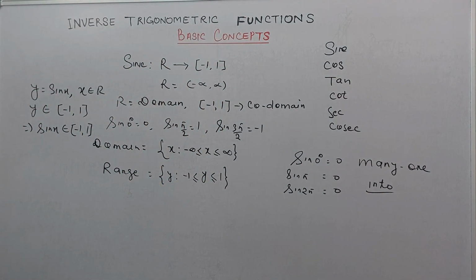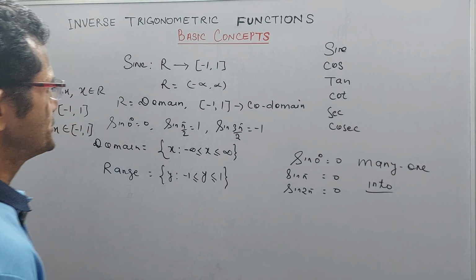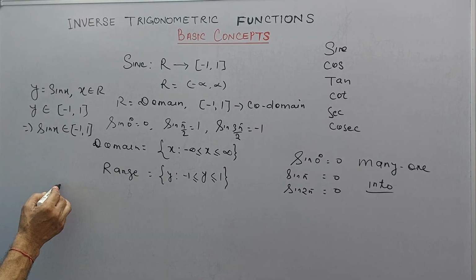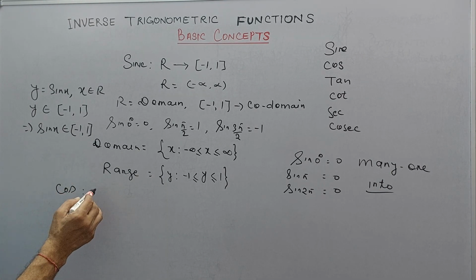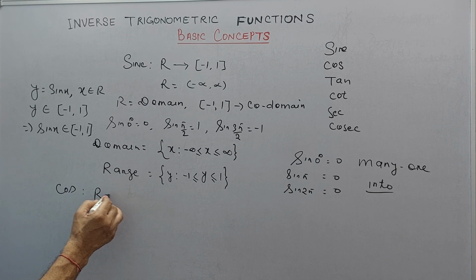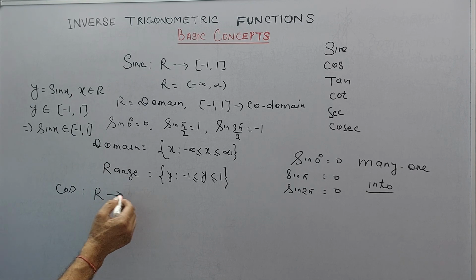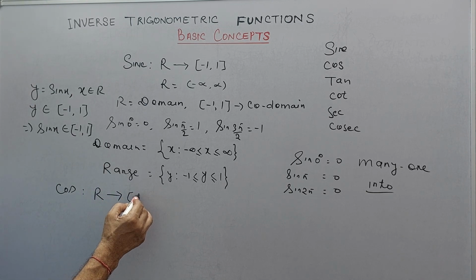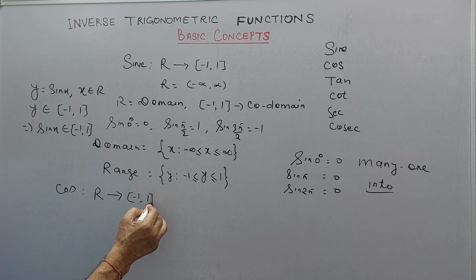Next we have the cos function. Cos functions are also not 1-1 onto functions. Its domain is also R, and its codomain set is -1 to 1.